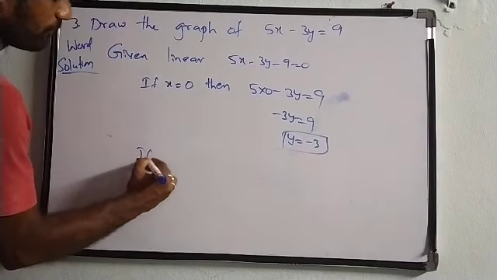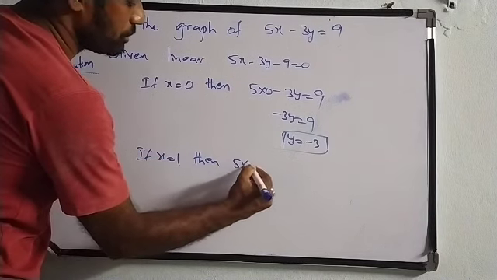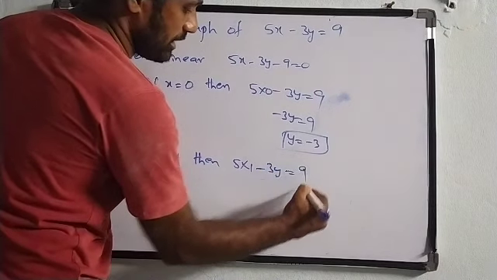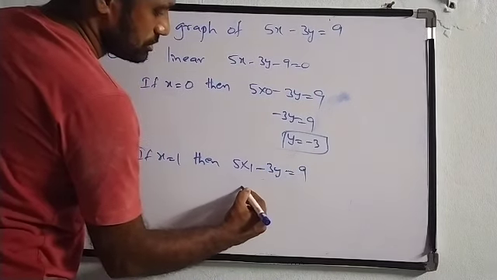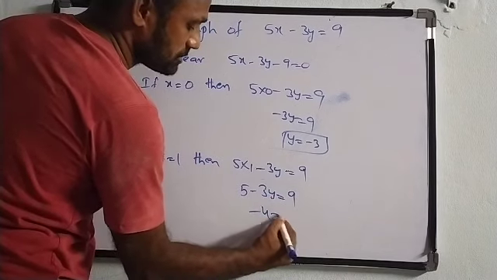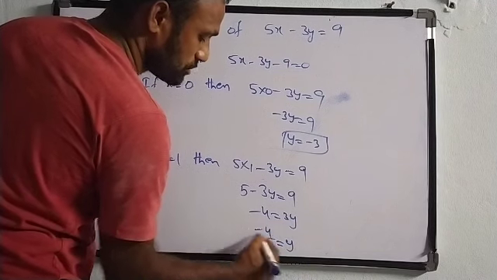Next, similarly, if x is equals to 1, then 5 into 1 minus 3y is equals to 9. So 5 minus 3y is equals to 9, minus 4 is equals to 3y, minus 4 by 3 is equals to y.